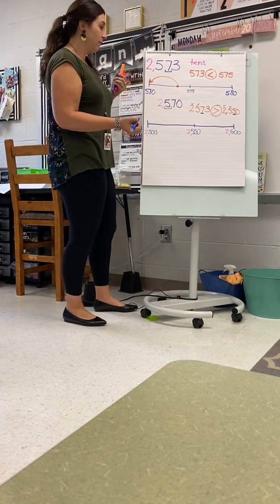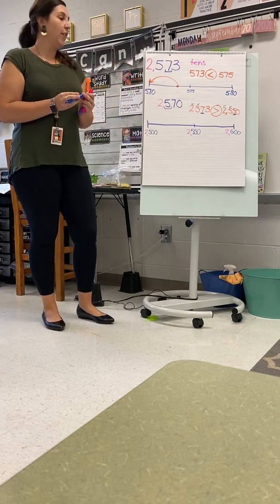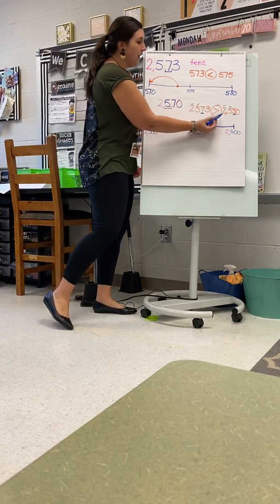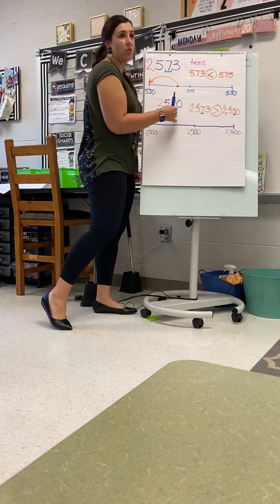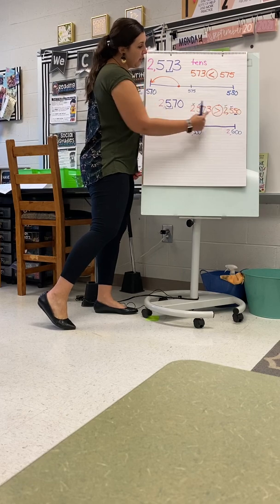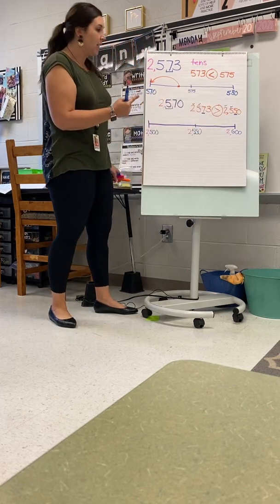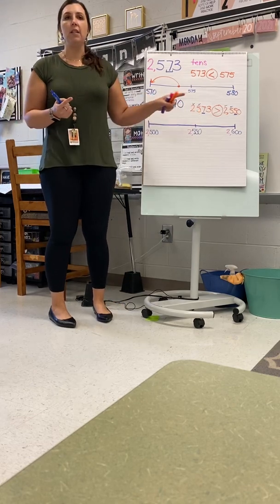So you just keep going through the values of the number. Perfect. So Brooke was saying she just checked and compared each place value, starting with the greatest place value that she's got. The 2,000s were the same, the 500s were the same, but the tens places were different, and that's what told her that this number was the greatest.